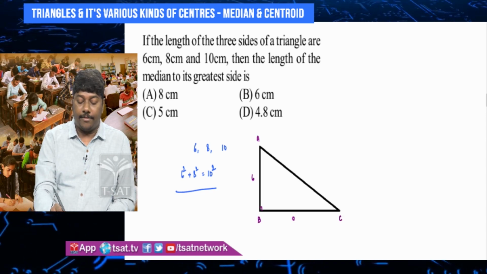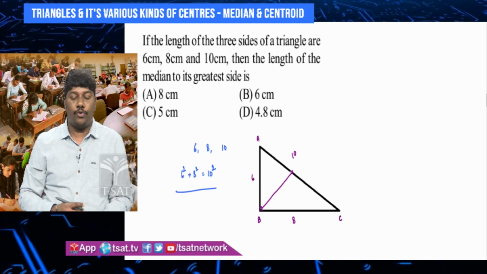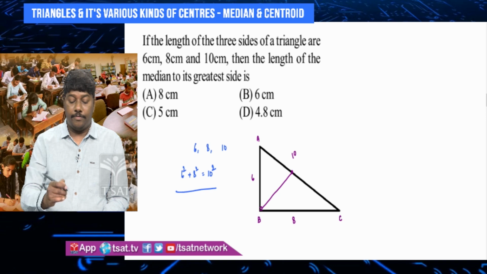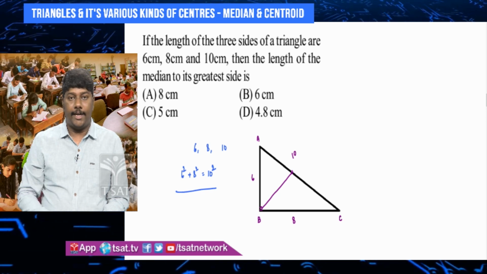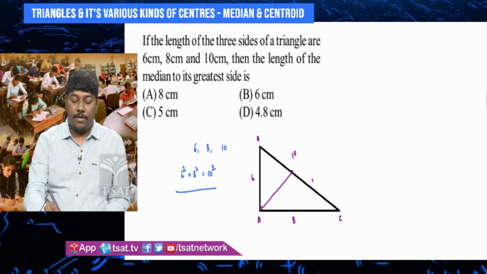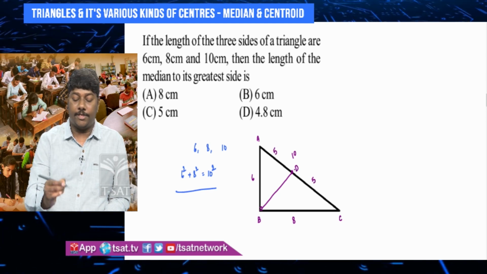6, 8, 10. Median is a line which divides the opposite side into two equal parts. If you look at the property of a circumcenter, we all know circumcenter in a right angle triangle is a midpoint of hypotenuse. Therefore, if it is a midpoint, you also call this D is a circumcenter.